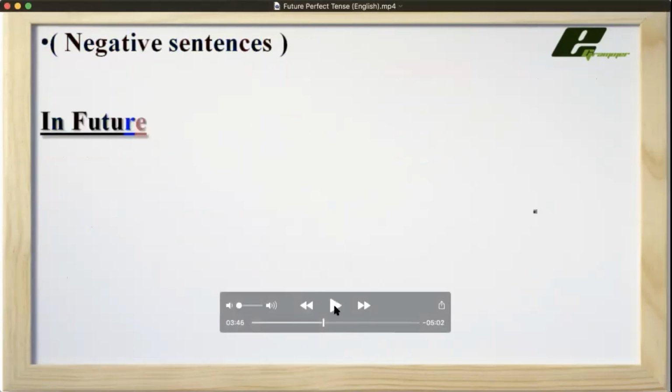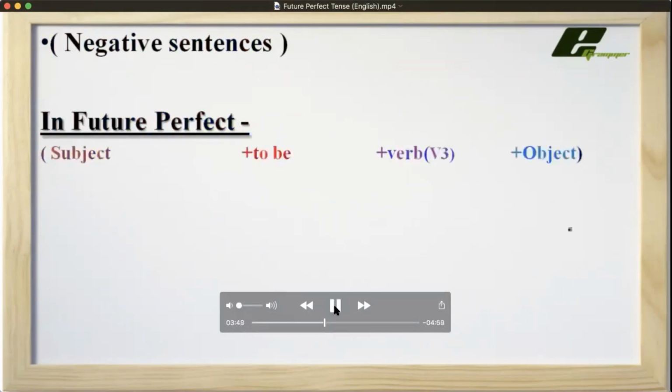Let's look at the negative sentence in future perfect tense. The formula is the same: subject, to be, verb 3, plus object. But what we have to change is this.